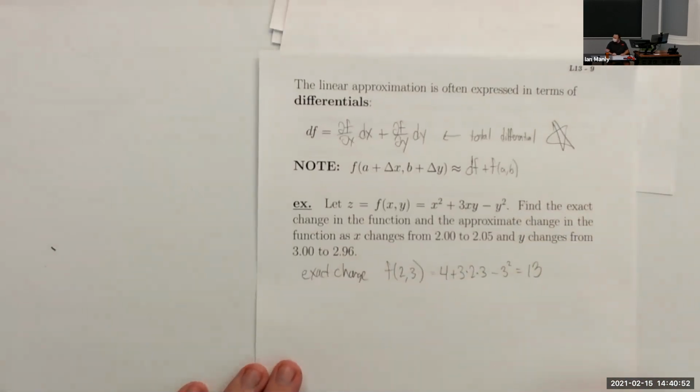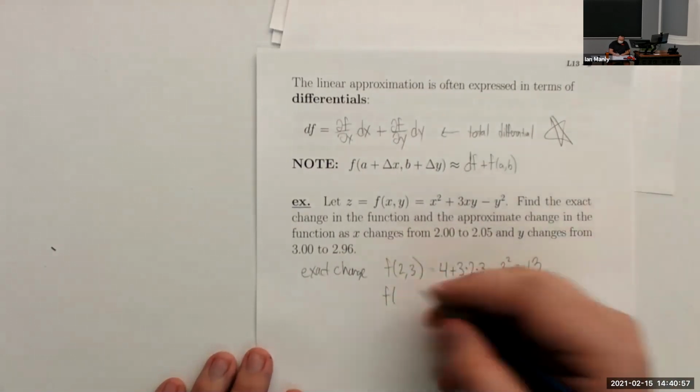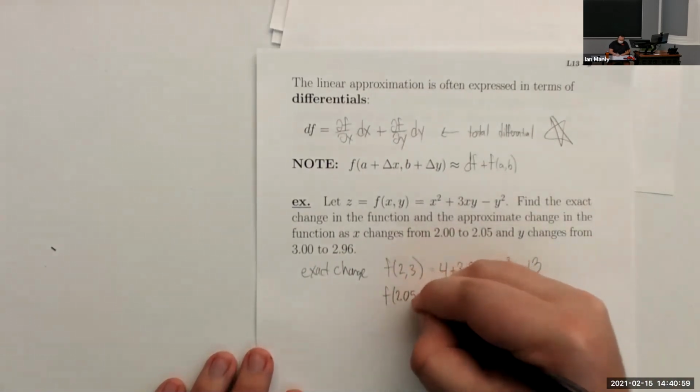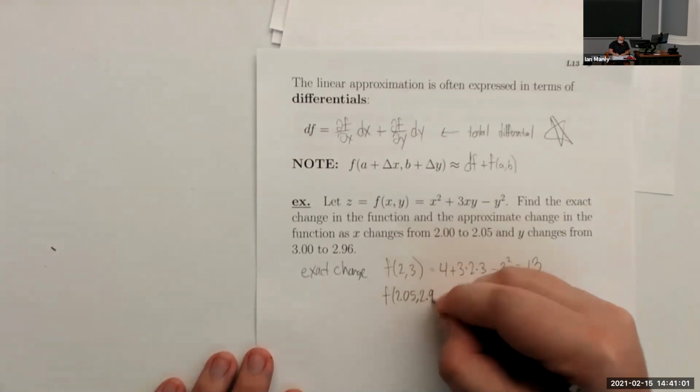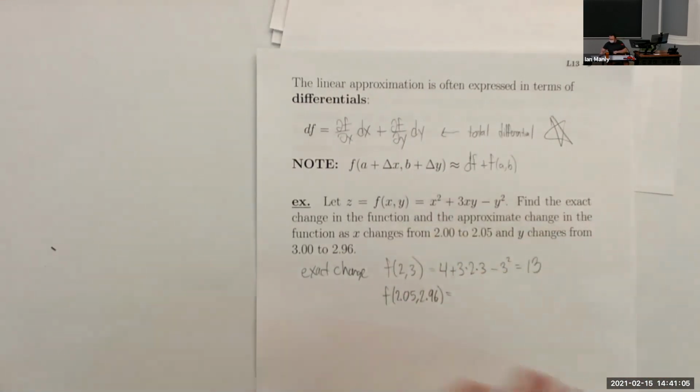All right, so our function value starts out at 13, and then we end up moving to the nearby point, 2.05, 2.96. And I think I did this in a calculator earlier. I think it was 0.6 something. Let's see if I have it written down here.